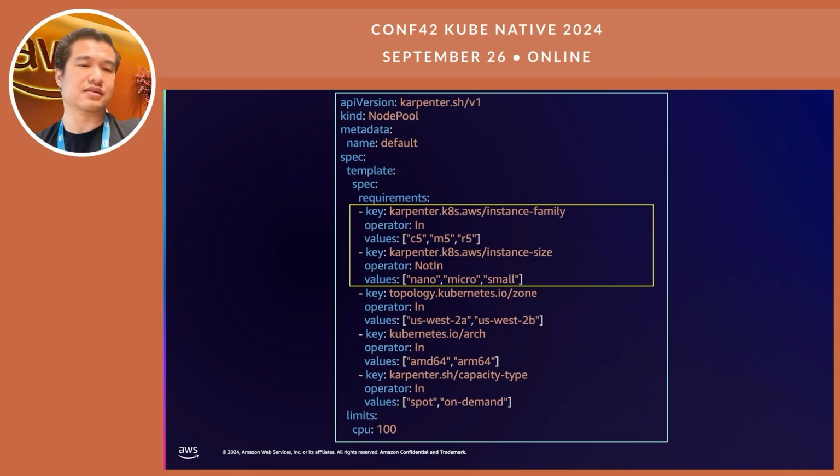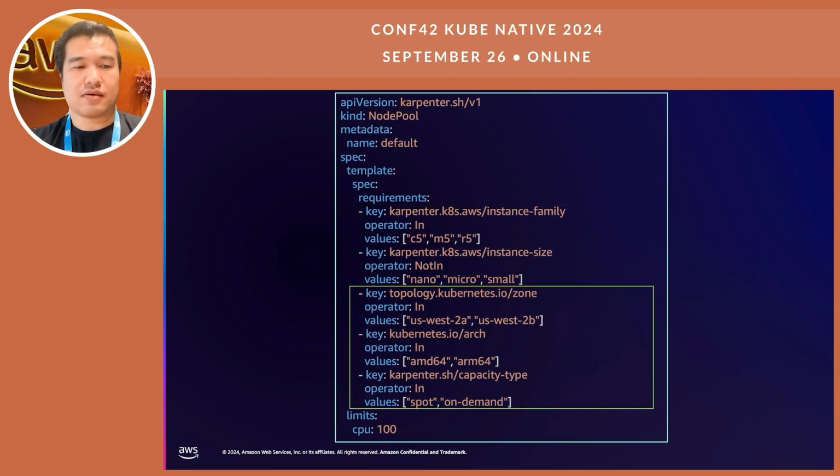You can use a wildcard, like only C, or C5, or C6. You can use M, you can use R, and you can also specify the size like nano, micro, small, large, xlarge, something like that. So depending on the use case, you can specify a wildcard or a specific one.